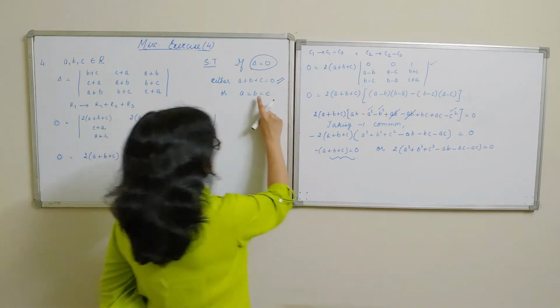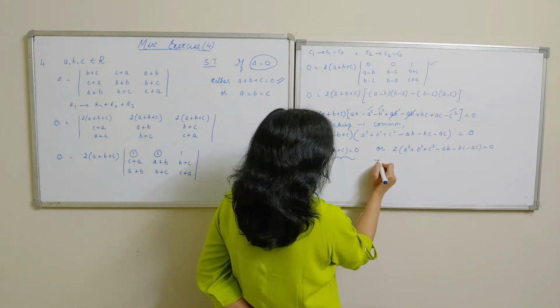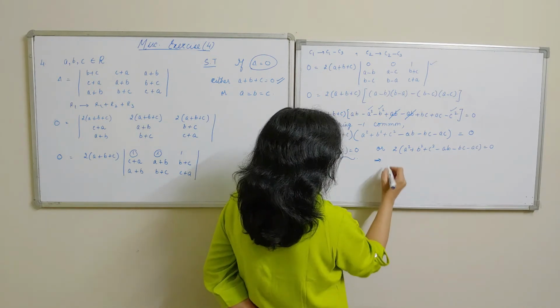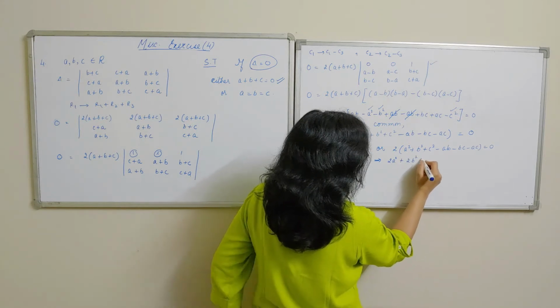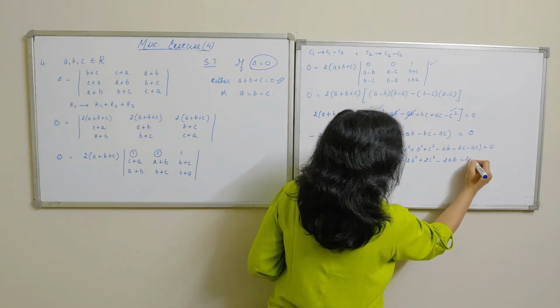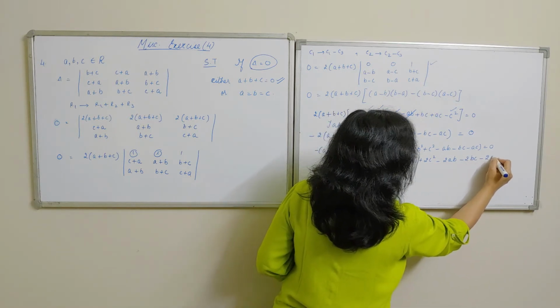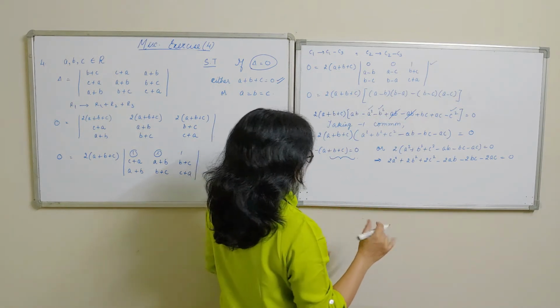So that means the second condition has to be obtained from here. What we do here is multiply each term by 2. So we get 2a square plus 2b square plus 2c square minus 2ab minus 2bc minus 2ac, which is equal to 0. Now we are going to rearrange the terms.